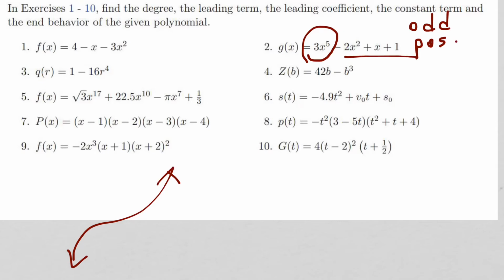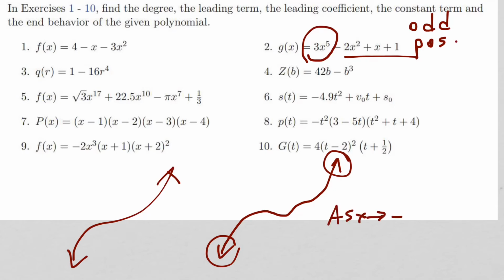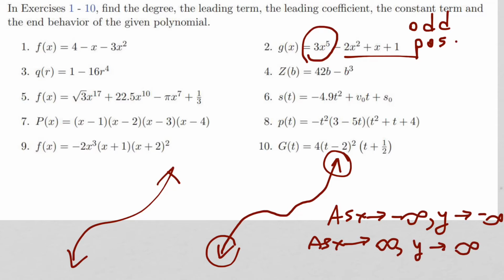These middle terms here might cause some wiggles in the middle, but you're talking about your end behavior here. So that's down, up: as x approaches negative infinity, y approaches negative infinity. As x approaches positive infinity, y approaches positive infinity. So this is down, up, an odd function with a positive leading coefficient.